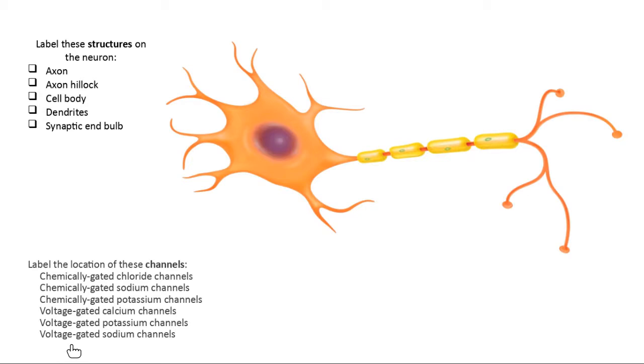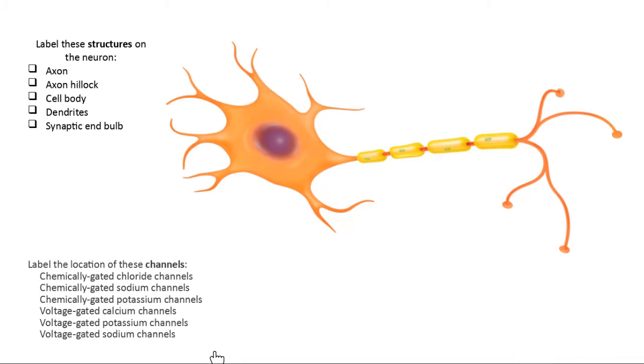First question, my favorite question when it comes to channels. When I'm talking chemically gated channels on a neuron, what opens the chemically gated channels on a neuron? How do I get those open? Chemically gated channels. Yeah, exactly. Chemically gated channels only open with the right chemical.